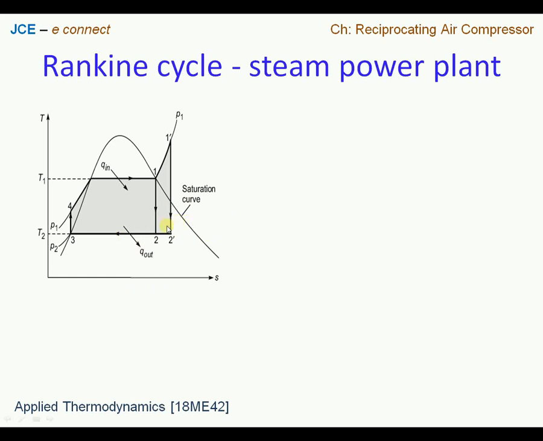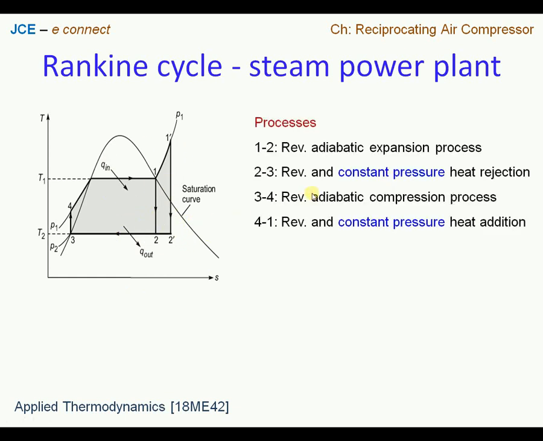Further moving, let us now look at the different processes for a Rankine cycle. Process 1 to 2 represents a reversible adiabatic expansion process, and this is similar to the Carnot cycle process from 1 to 2. Then we have process 2 to 3. This is represented as a reversible and constant pressure heat rejection process.